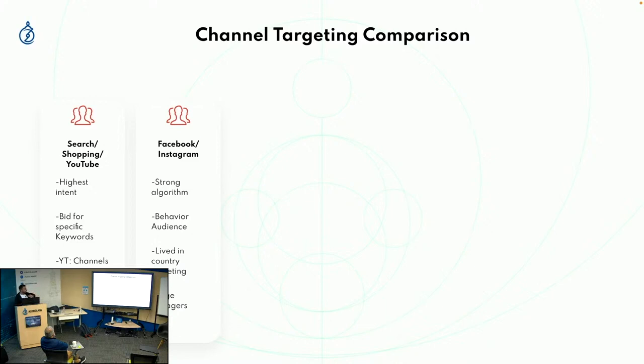Facebook also has a very strong algorithm. You run a campaign, don't do a lot of targeting, and they understand who to show which ad, the behavior, and what kind of pages you have engaged with before. And you can target page engagers. For example, if you have 100,000 followers on your page, the organic reach is just about 1%.